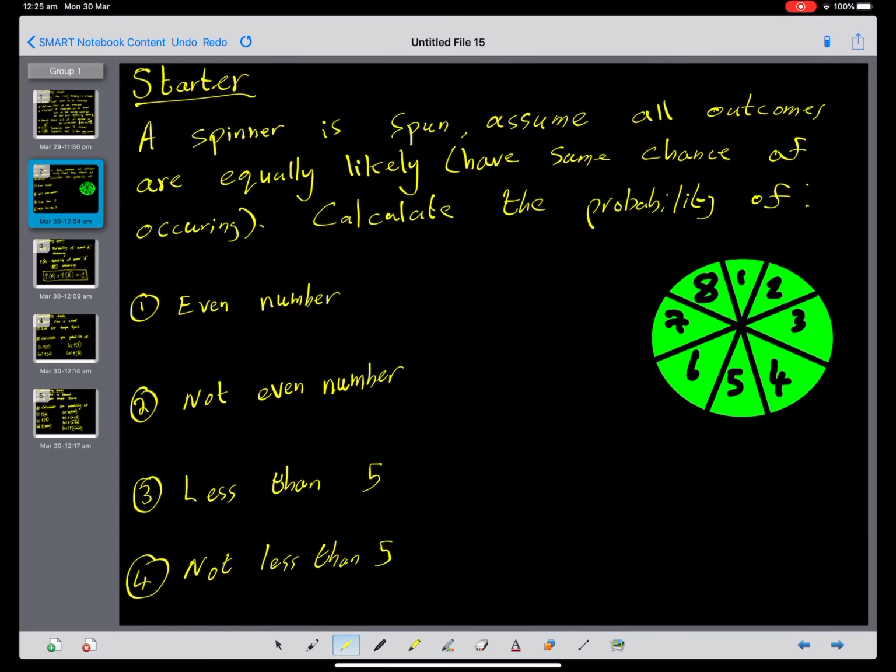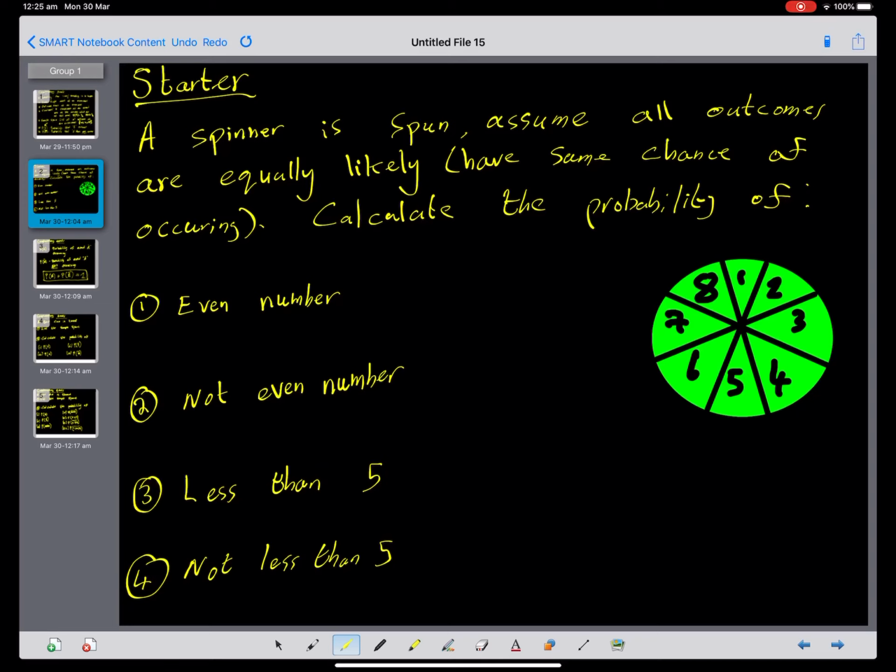Okay, so let's have a go at a quick starter. This should be familiar to you, and I would like you to use the appropriate notation discussed in the previous slides. Pause the video and see if you can do this question.